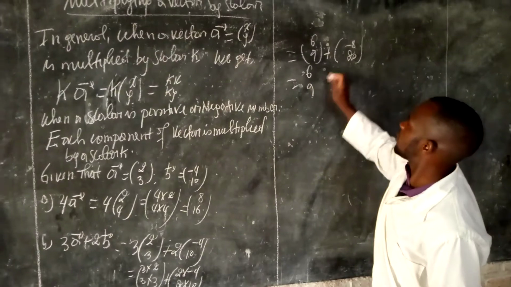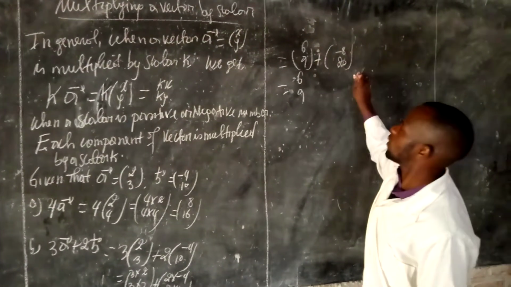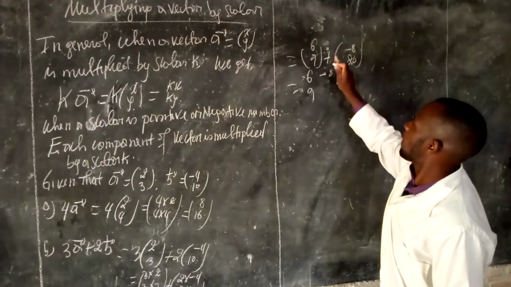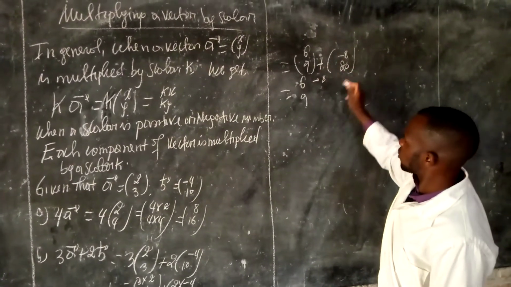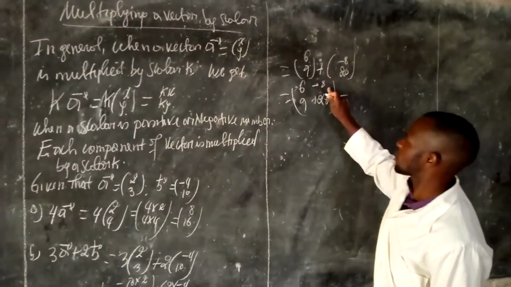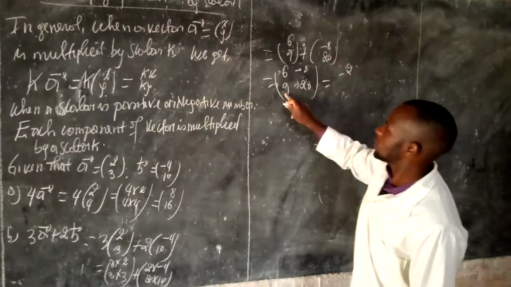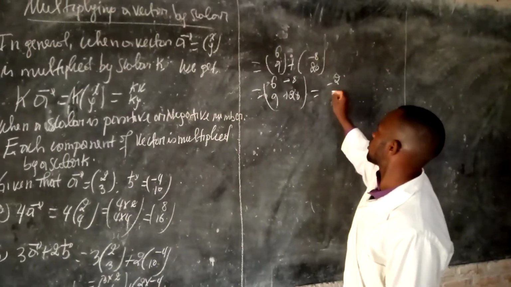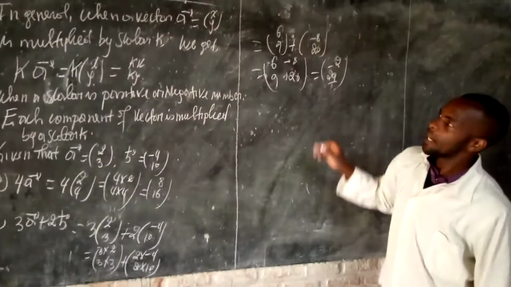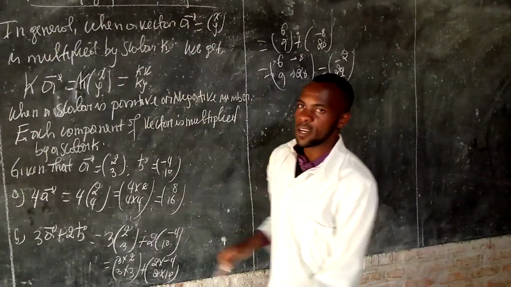This is the addition of two vectors: (6, 9) plus (-8, 20). We get 6 minus 8, which is minus 2, and 9 plus 20, which is 29. This is how to find the multiplication of a vector by a scalar.